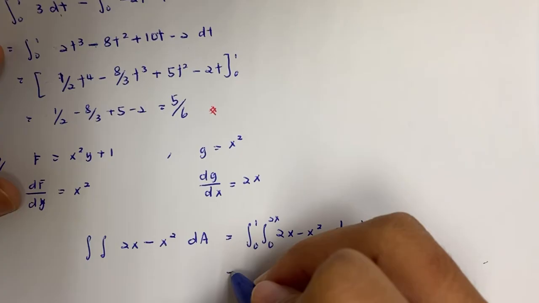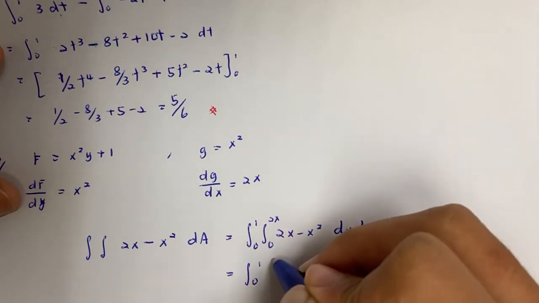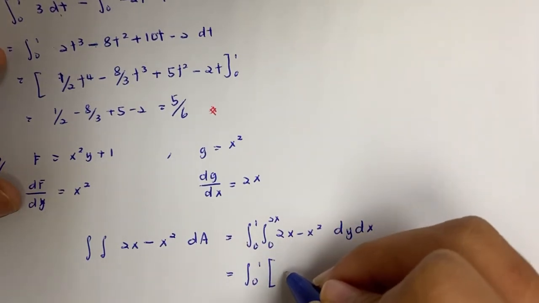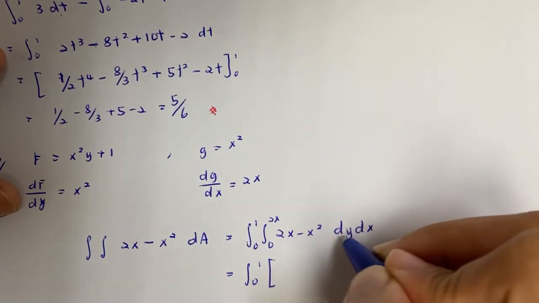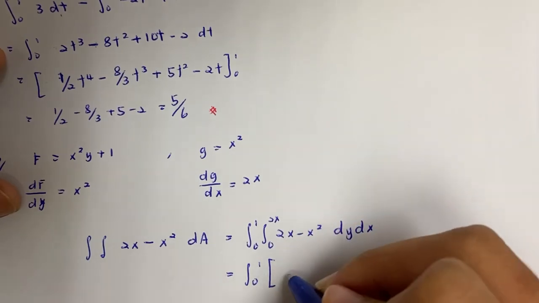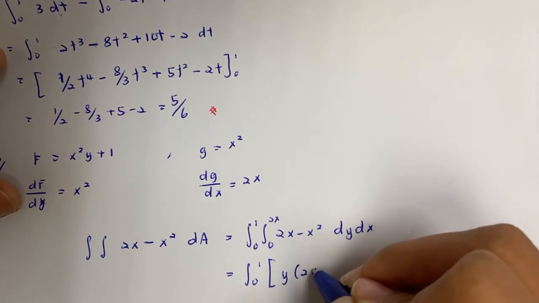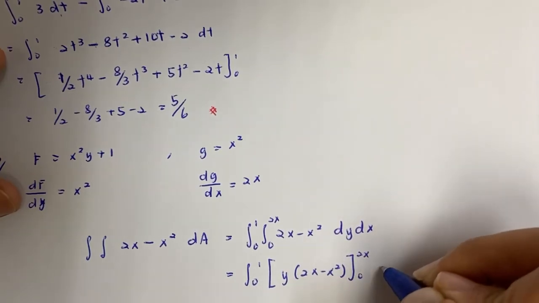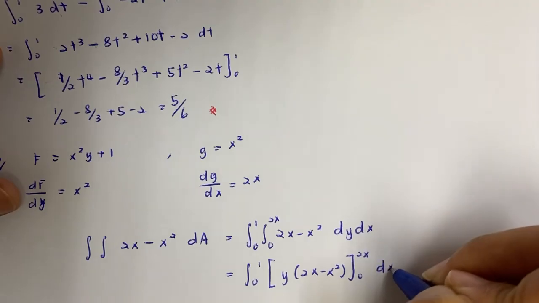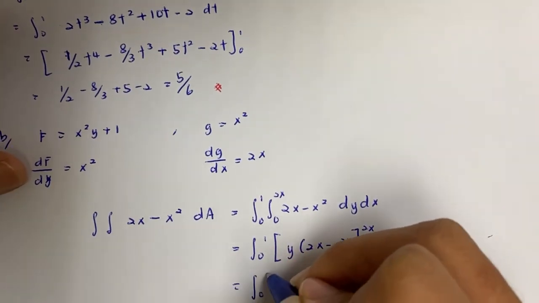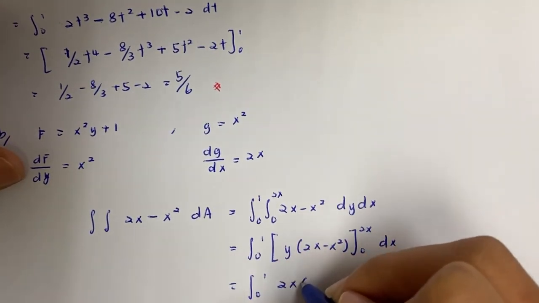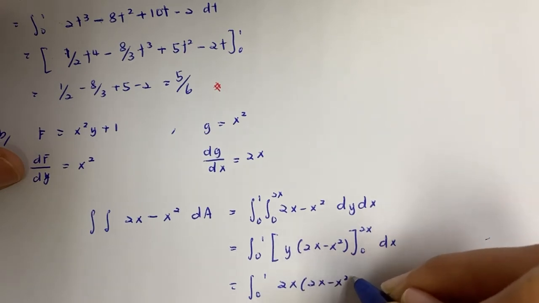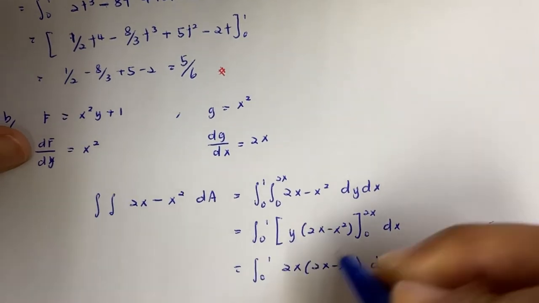So this is equal to the integral from 0 to 1. Integrating 2x minus x square with respect to y, we have y times 2x minus x square. Then substitute the limit for y. So 0 to 1, 2x multiplied by 2x minus x squared dx.